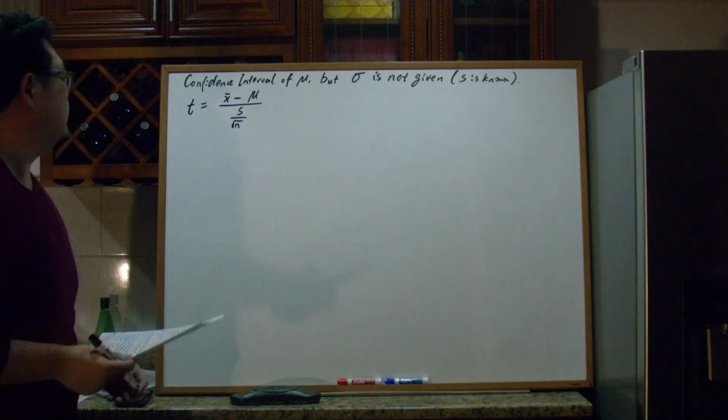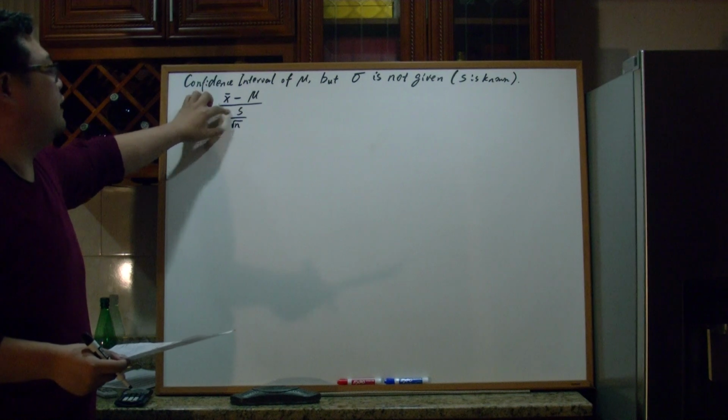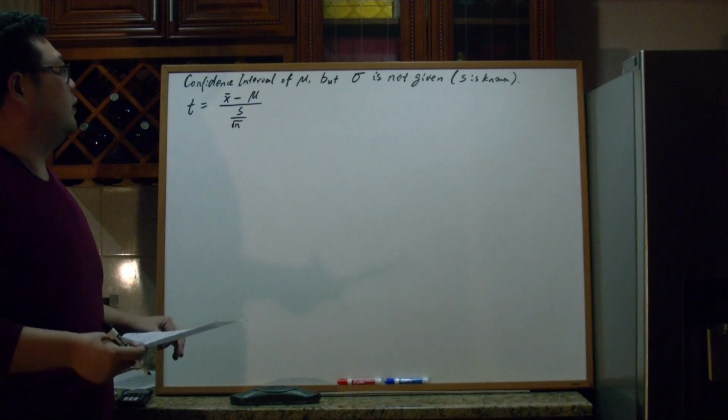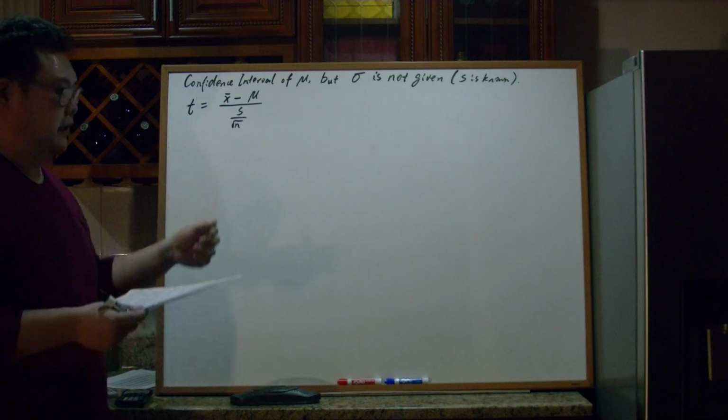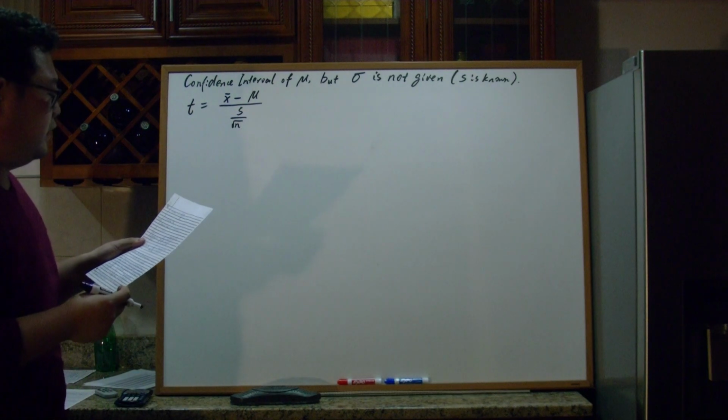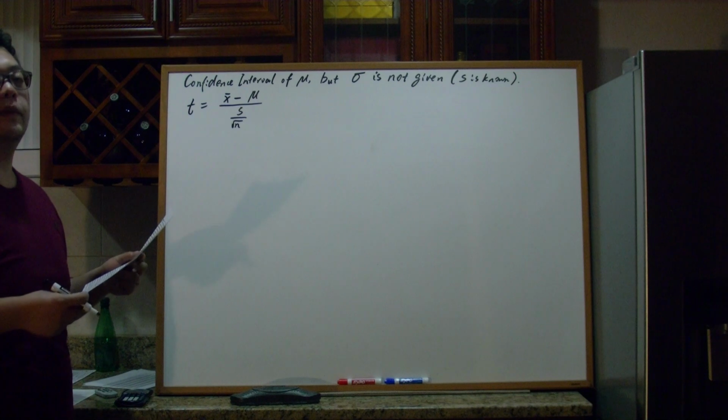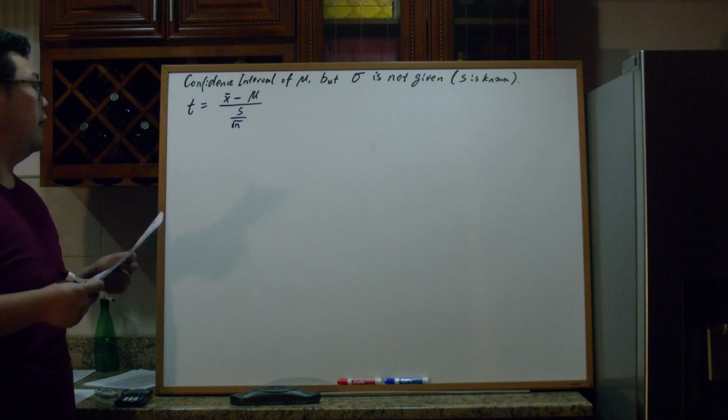In this case, we use the sample standard deviation as an approximation of sigma, and that is how we get the t-score. Therefore, the shape will be very similar to the normal distribution.